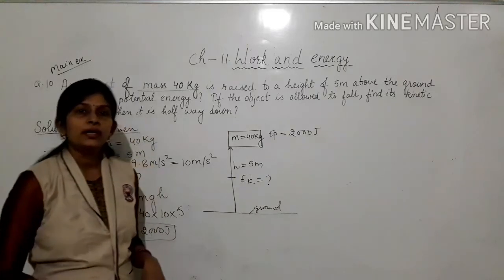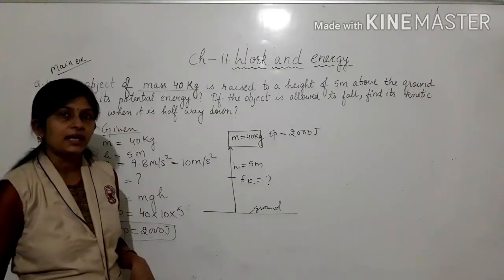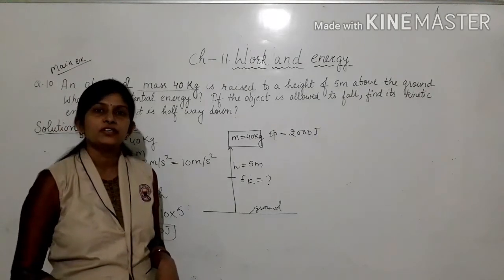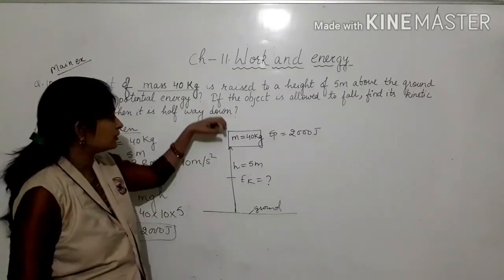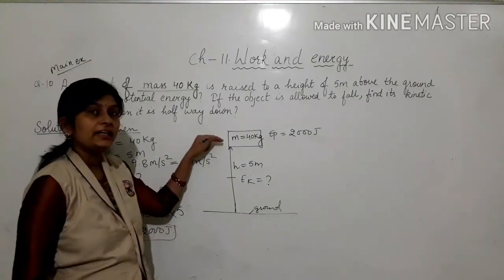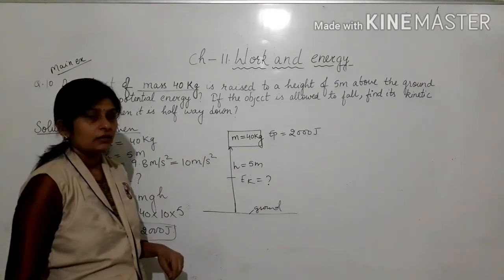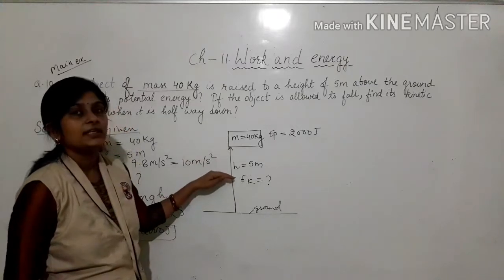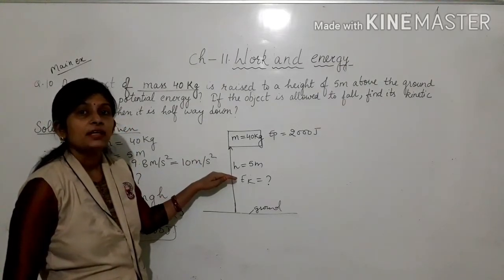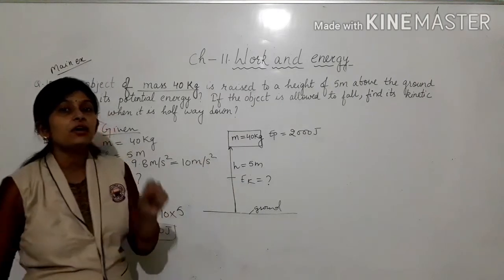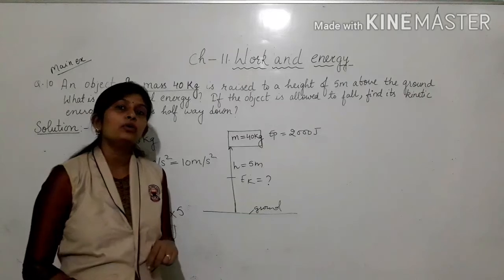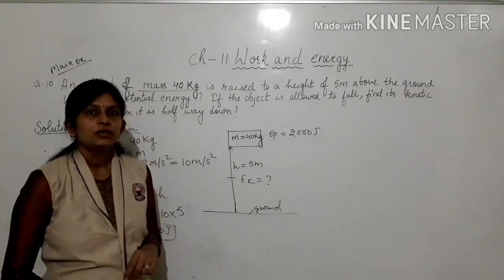I told you earlier in our class that according to law of conservation of energy, when an object falls freely towards the ground, then its height decreases. So height decreases, its potential energy also decreases. But that decreasing or reducing potential energy is getting converted into kinetic energy.